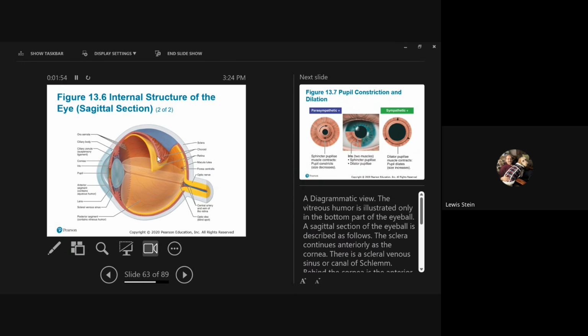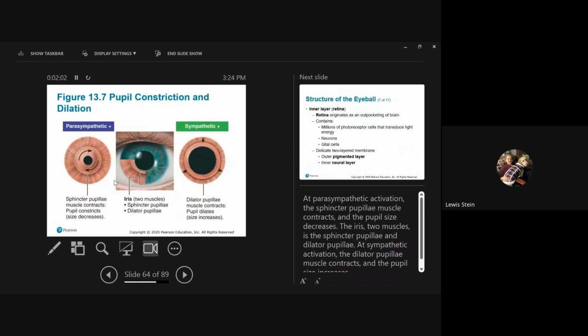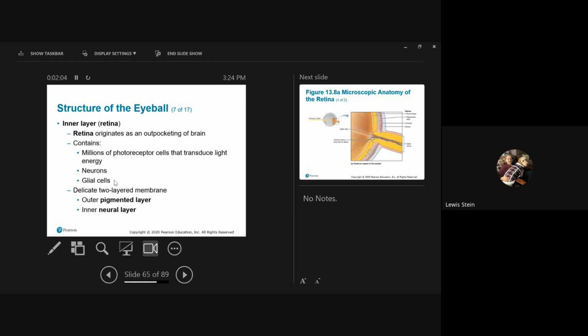It's really designed to avoid scatter. Again, I'm not going to go crazy about focusing it and the lens because I dealt with that more in anatomy. I thought you should be familiar with that. If there's anything on topics that are anatomical, I will certainly let you know. So we're really dealing with the retina, and we're dealing with the photoreceptor cells that are there.